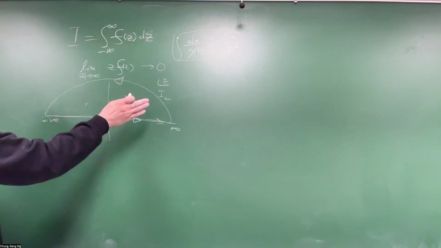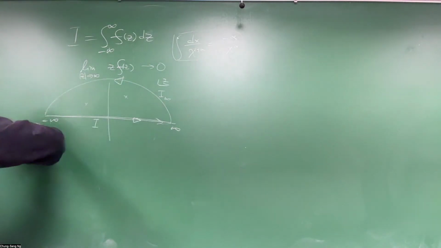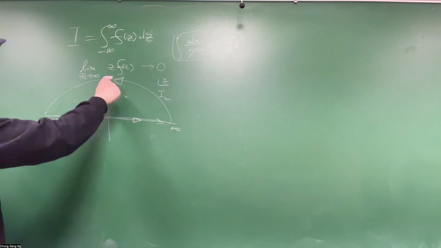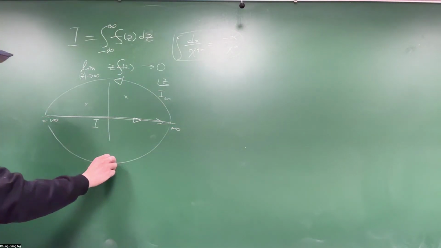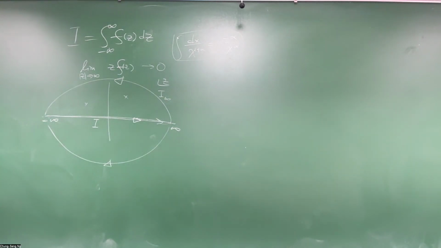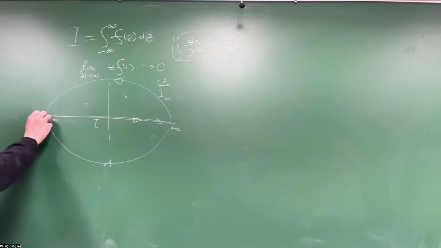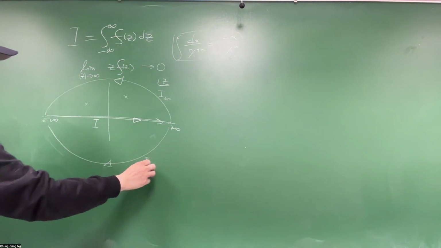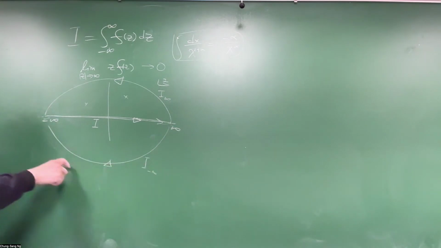So sometimes you close it on the upper plane, but sometimes one way is more convenient than the other, and you may close it in the lower plane. Then it is the same loop and the same argument: this is I, along the real axis from minus infinity, and the large loop.